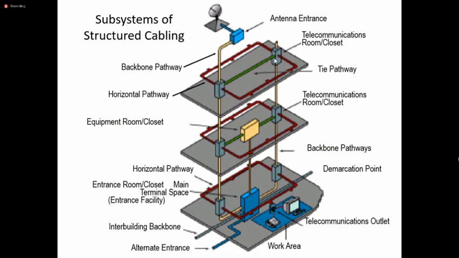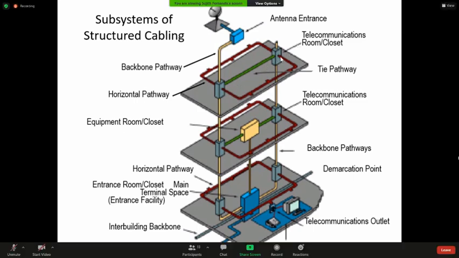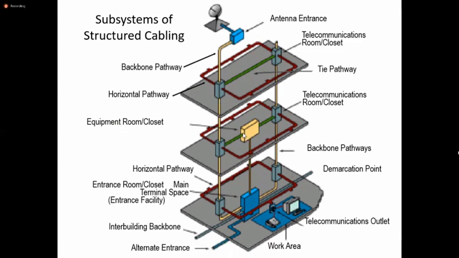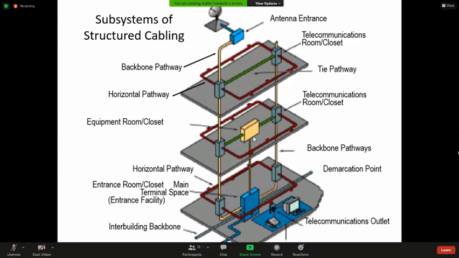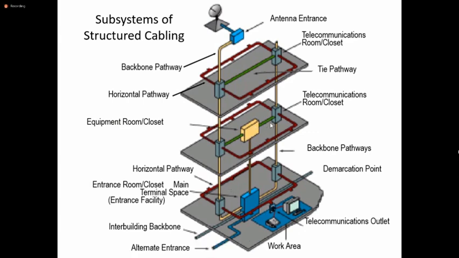These telecommunication cabinets or closets can be like this at both sides, connected using this green connection. Then they connect to floors like this, and you can have a closet or a main point in the middle where everything in this building connects, right?